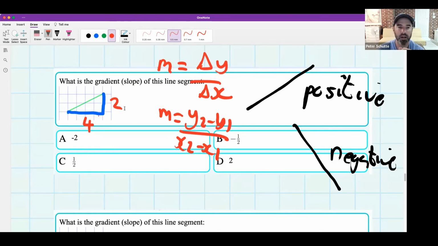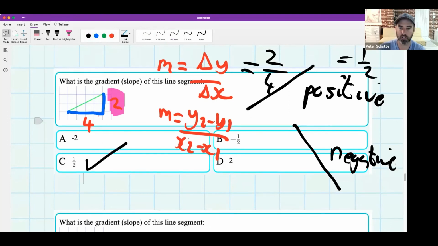Because the formula for gradient is change in y on top, the change in vertical, is this one here. So that one has to be on top. So the gradient is going to be 2, and then on the bottom, it's going to be 4. But there's no 2/4 here, but 2/4 is the same as a half. And so the answer will be question C.